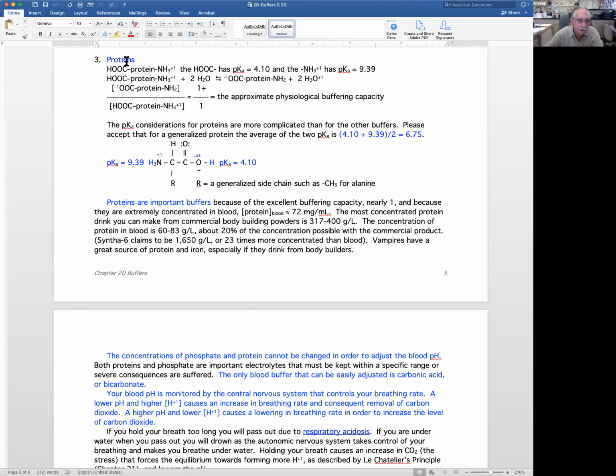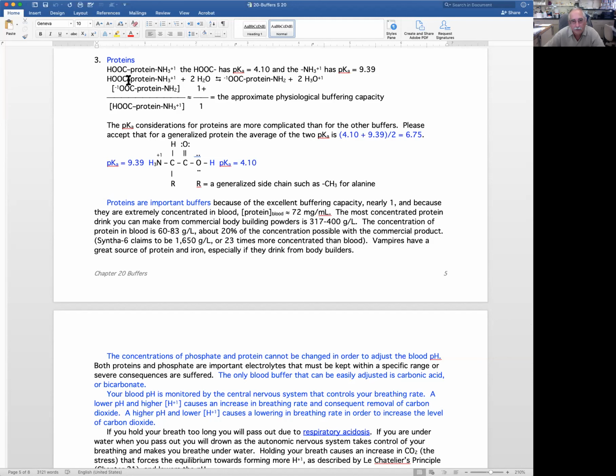Here is the carboxylic acid, which is protonated. It's basically about the same strength as, similar to, acetic acid. So the pKa for the carboxylic acid is about 4.1. The pKa for the amino group is about 9.4.